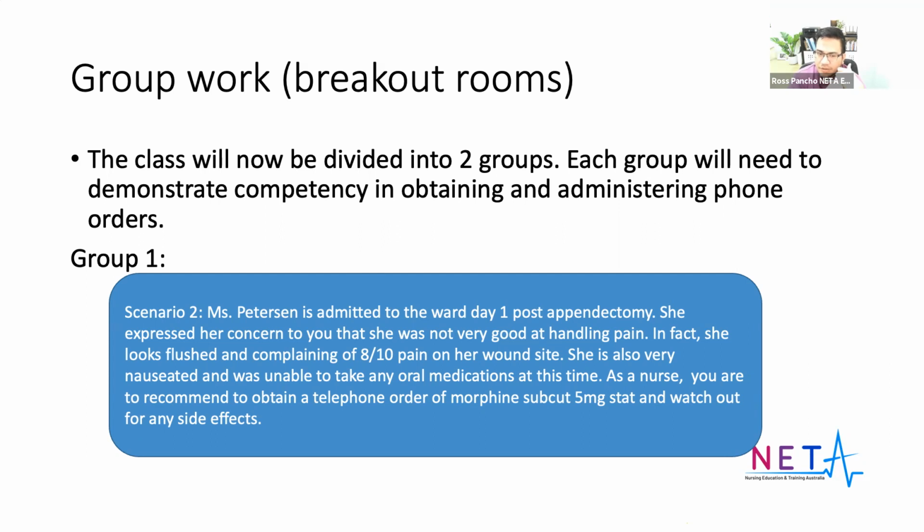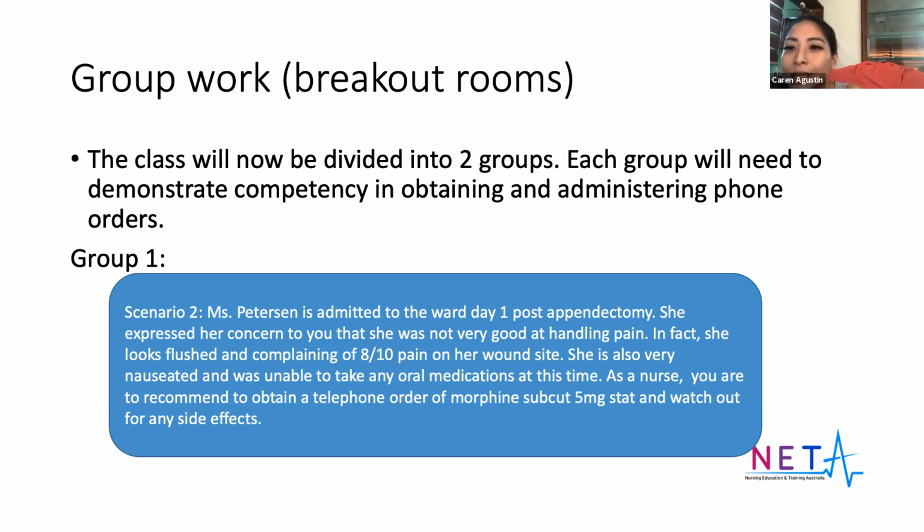So the order, Karen, is morphine subcut 5 milligrams stat dose now, and then I'll come back later and review it, and make sure there are no side effects. Do you know what her respiratory rate is? Is it normal, Karen? There wasn't any information about her RR right now. Okay, can you find out and make sure it's normal before you give the subcut? Sure, doc, I'll monitor it before giving it.